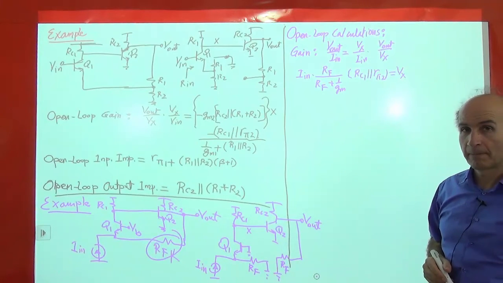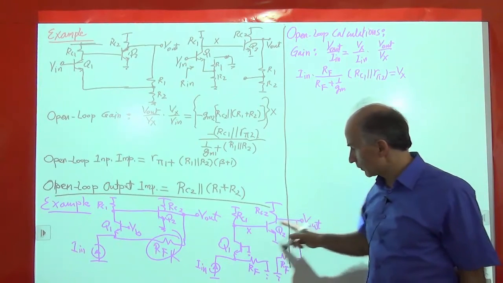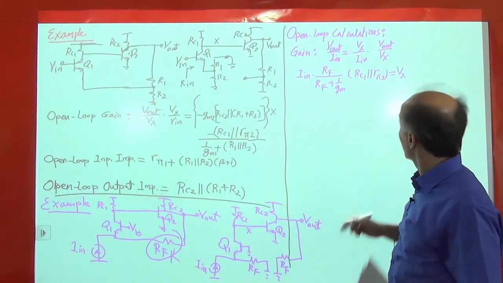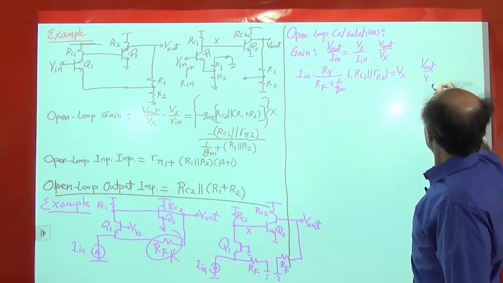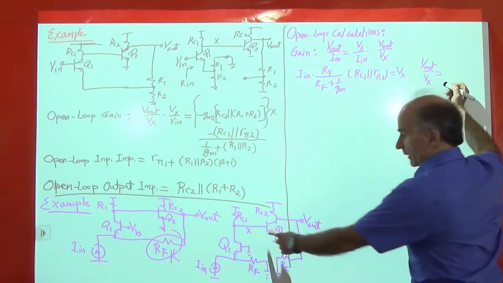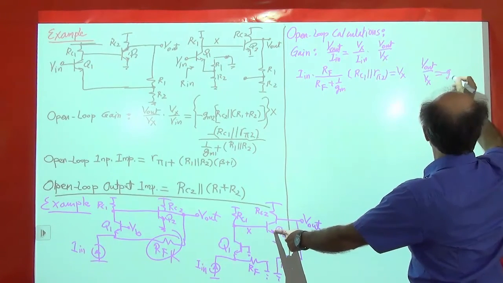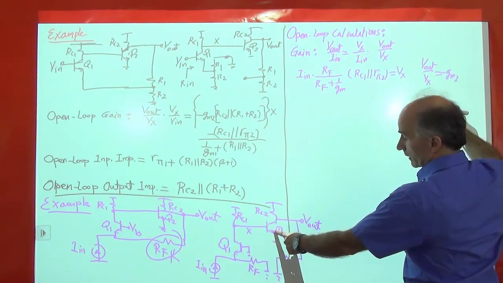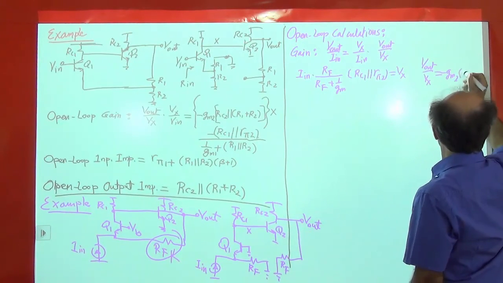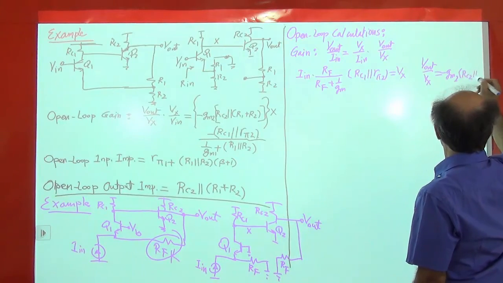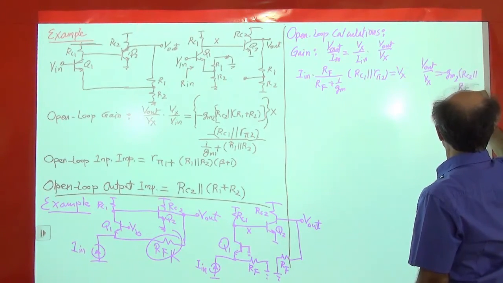Okay. And then we also need V out over Vx. That's easy, right? So V out over Vx is minus GM2. It's a simple common emitter. And then these two are parallel to each other, right? So RC2 in parallel with RF.